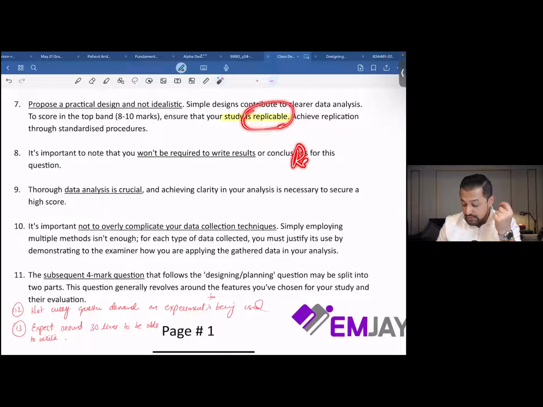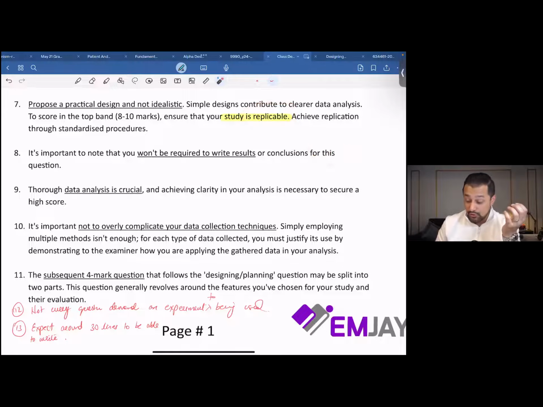However, reliability is a step ahead, and reliability is when you're conducting a research in exactly the same manner and you tend to come up with the same results as well. So remember, if your research is replicable, it would stand better chances of reliability.